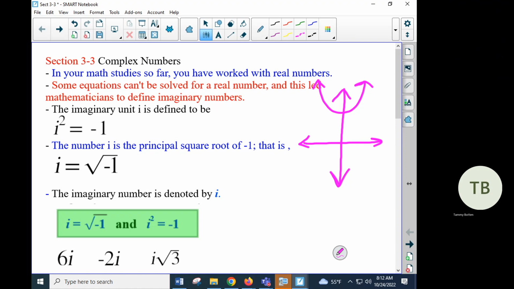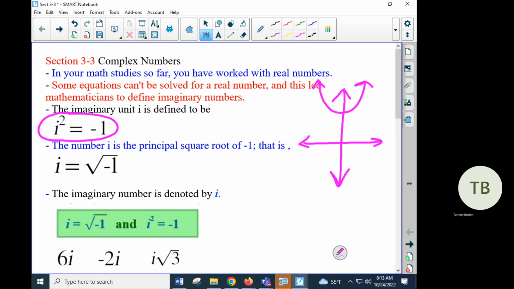So one of the things that we're going to have to know today is anytime you see i squared, that is equal to -1. And what they use i to designate is that it's an imaginary number. But if you ever see i squared, it's equal to -1. i is going to be equal to the square root of -1.